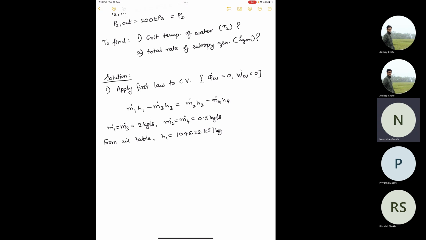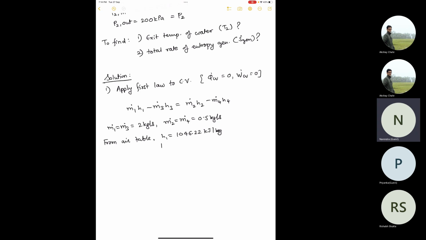But if you just do CpT, Cp is 1.005 into temperature, I think 1000 Kelvin, so that will be 1005. So there is a difference of 40 kilojoule here. If you don't have access to the air tables, you can do CpT. If you have, then go for the exact value. That is my advice.